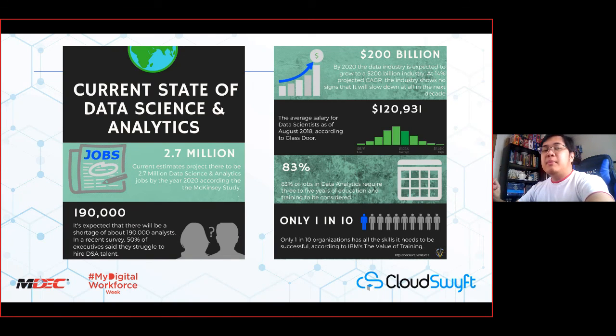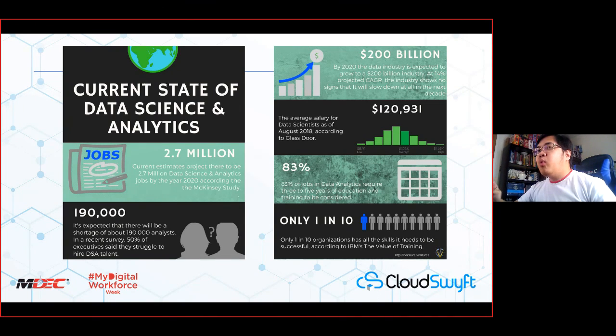50% of the executives say that they struggle to find data science and analytics talent. They're willing to spend $200 billion for the data industry. The average salary of a data scientist, who is someone who knows the advanced stuff in data, is about 120,000 US dollars per year.